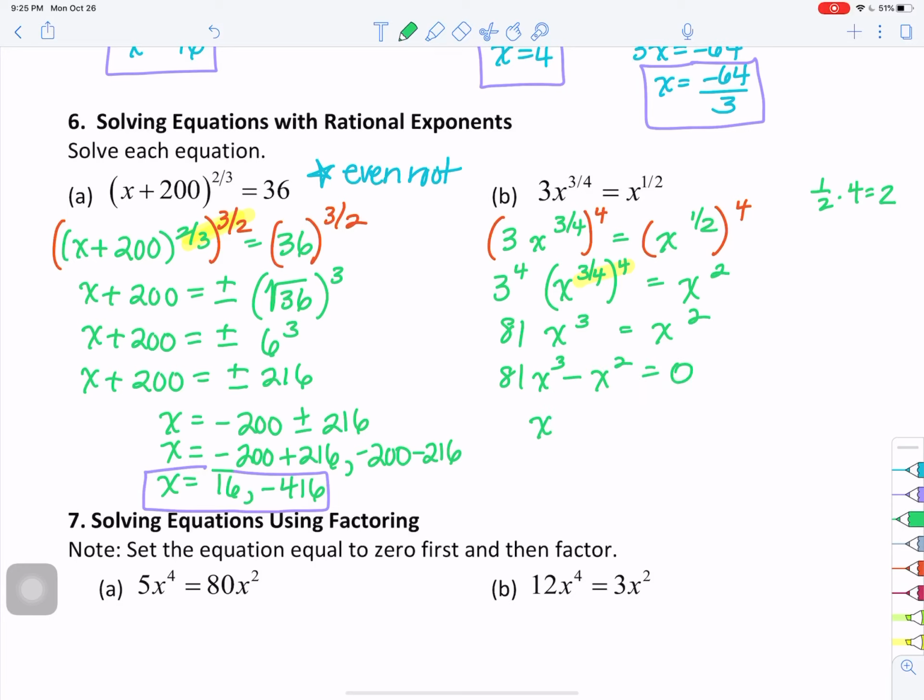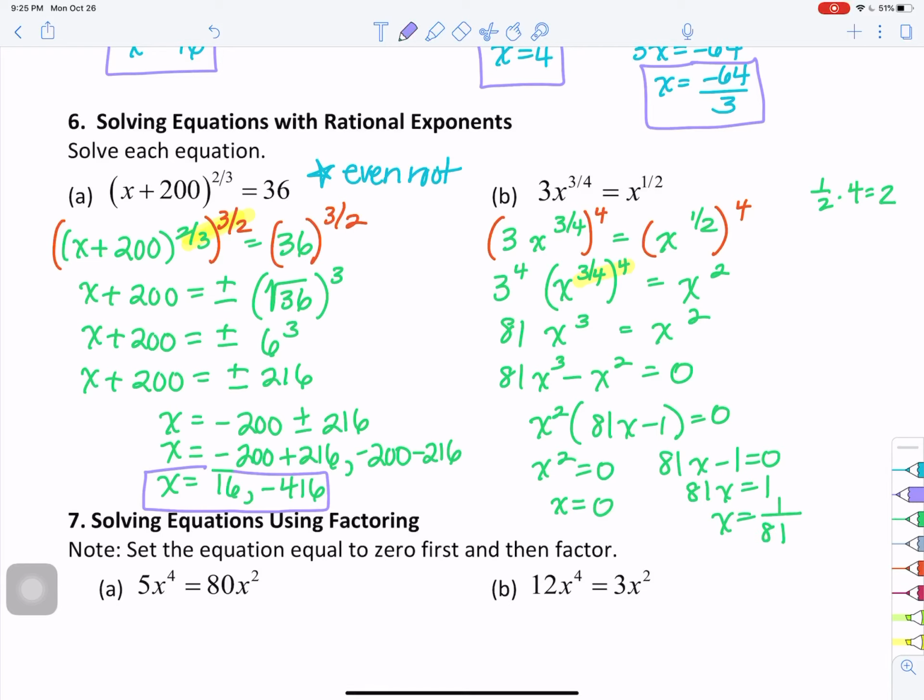And we can factor out an x squared and get x squared times 81x minus 1. So either x squared is equal to 0 or 81x minus 1 is equal to 0. So x is equal to 0 or x is equal to 1 over 81.